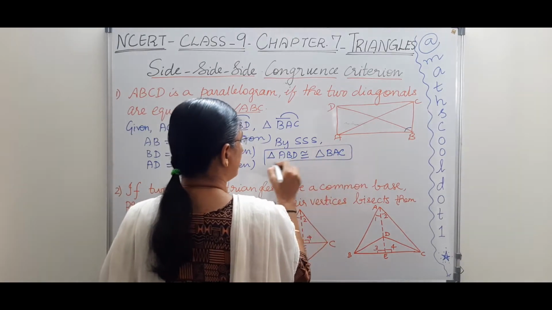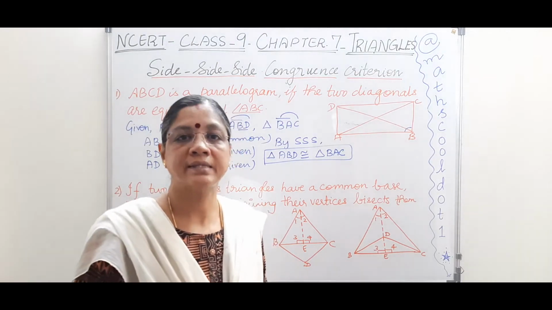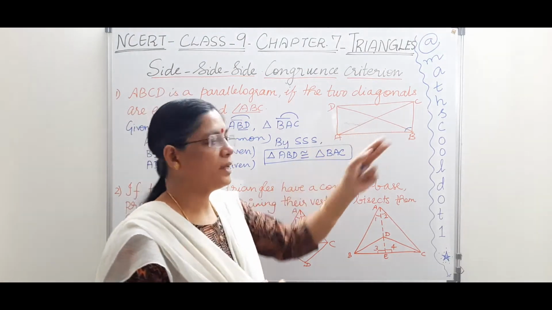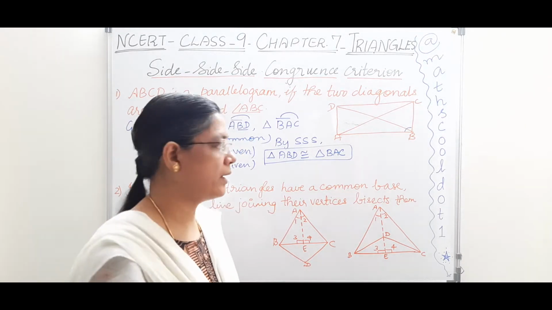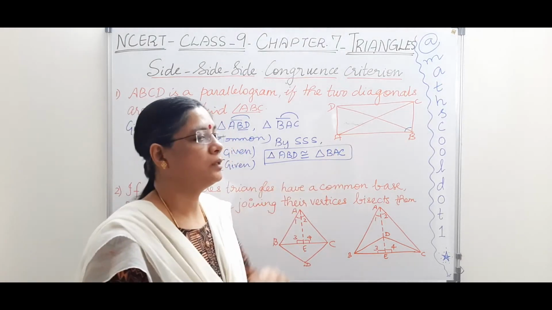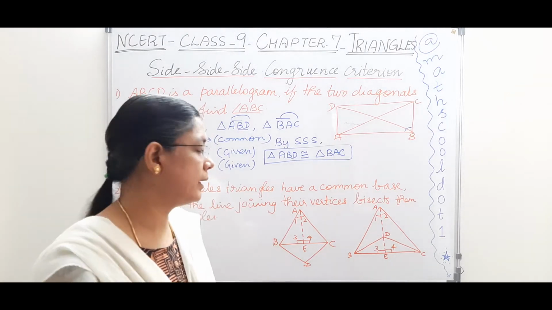This is how we prove two triangles to be congruent with the help of side, side, side, that is the SSS criterion. Now we have proved both the triangles as congruent, right? Now, how do we find the measure of angle ABC?